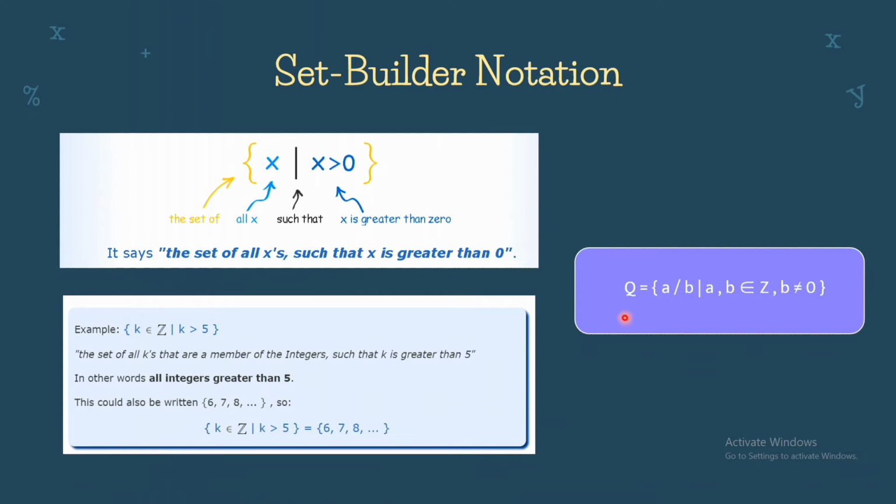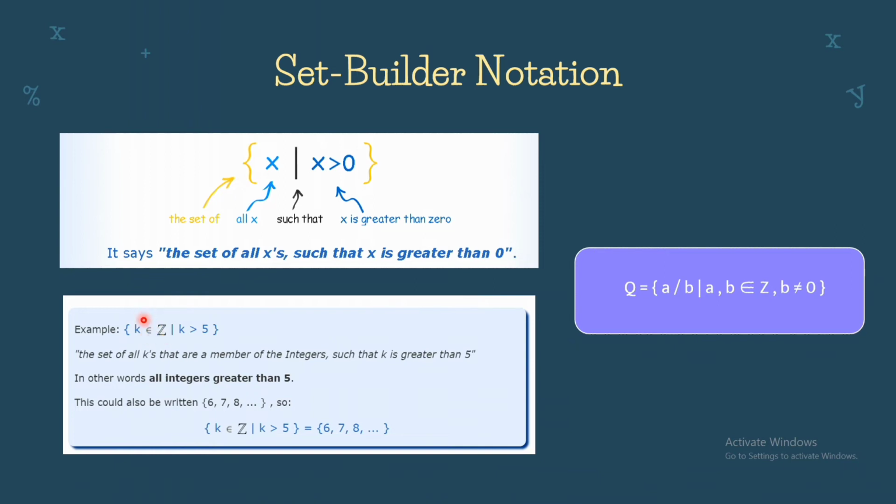it is read as the set of all fractions a over b such that a and b are integers and b is not equal to 0. So here we have the set of all k that are a member of integers or elements of integers.